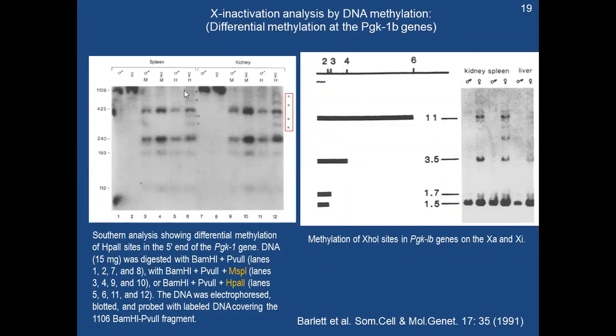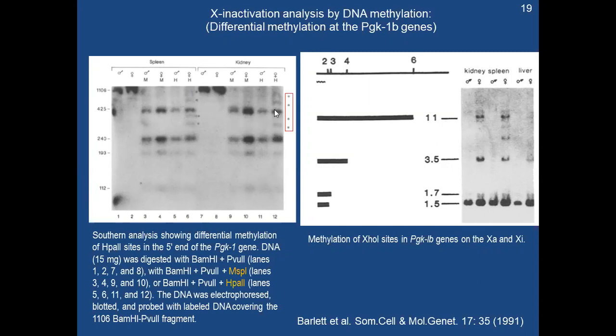So it means that not all CpGs are methylated in the female inactive X chromosome, but at least we have probably more methylation. So here in the 6th lane, this means that some of them are not methylated. That's why it's digested more.